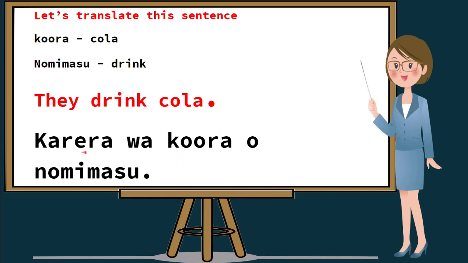We use karera, which is male, for they. But if we want to use the female, we will be using kanojo tachi wa. So if we make this third person pronoun plural and female, we will be using kanojo tachi wa kora o nomimasu. Let's read it once again. Karera wa kora o nomimasu. Please repeat after me. Karera wa kora o nomimasu.